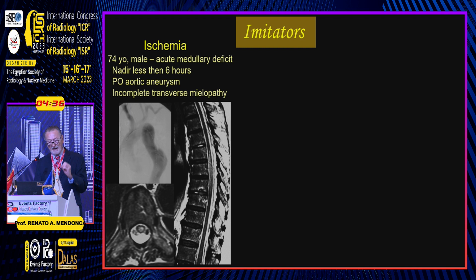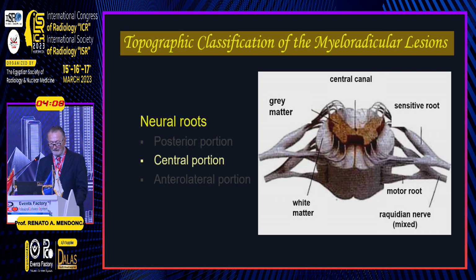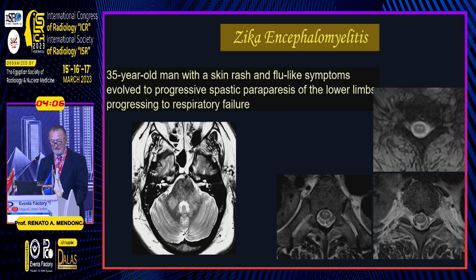Imitators of the central kind of lesions are ischemia, the most common lesion that affects the central portion of the spinal cord, and sometimes, not very frequently these days, thank God, the involvement of systemic lupus erythematosus associated with antiphospholipid antibodies, with myelitis of the spinal cord. This was in the Zika encephalomyelitis.